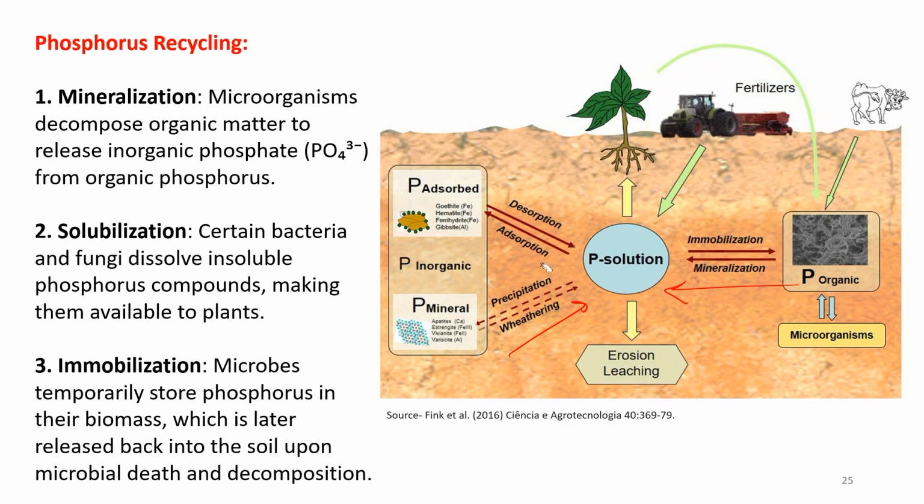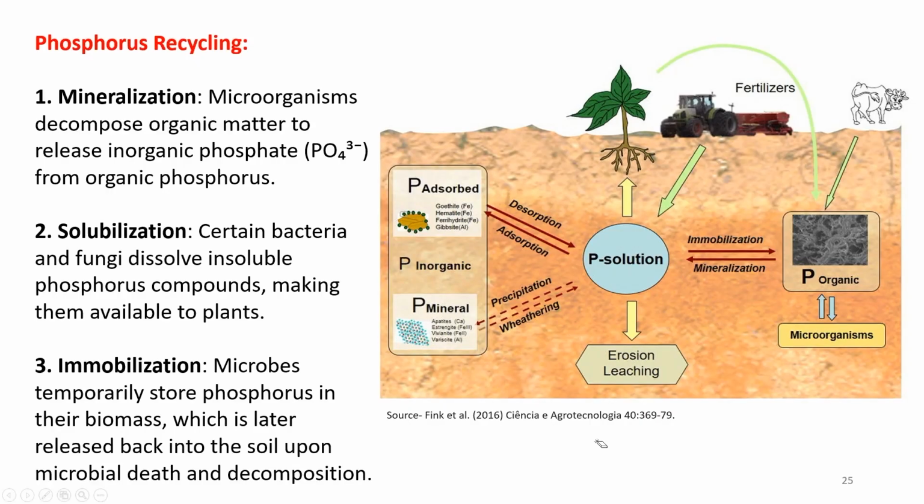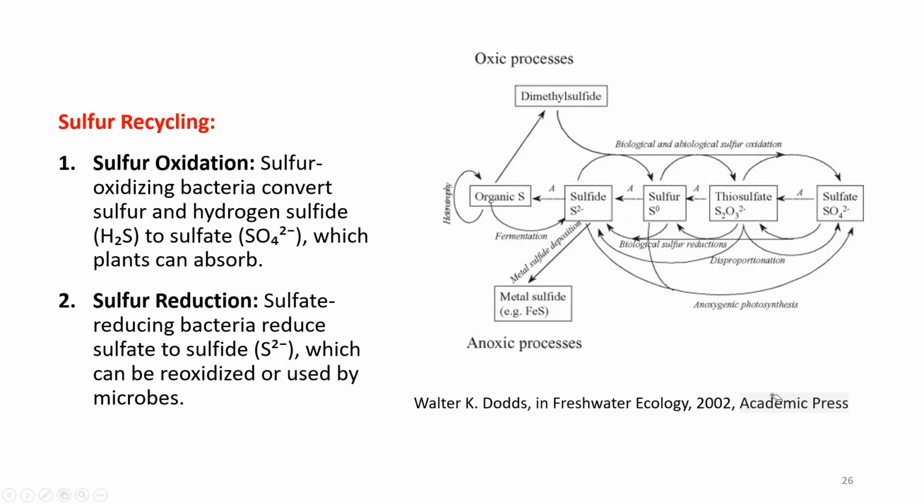The remaining phosphorus, which cannot be absorbed or is lost before absorption by plants through erosion or leaching, will end up somewhere in the environment, and then it will enter this cycle and again become available to some other plants.